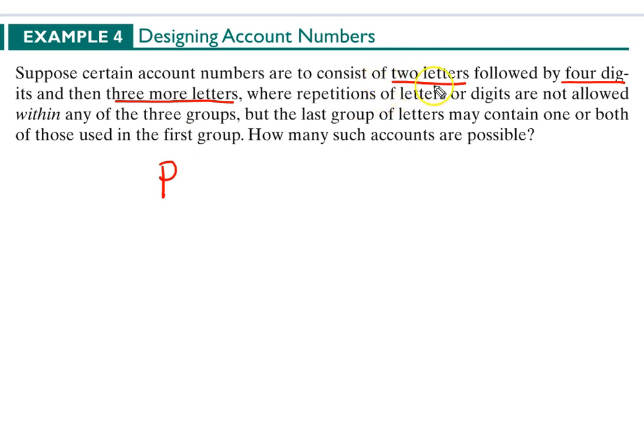So we have 2 letters out of how many? N would be 26. Now for our second group, we're using digits where we have 10 symbols. We want to select 4. And then we're using our letters again, where we want to select 3.